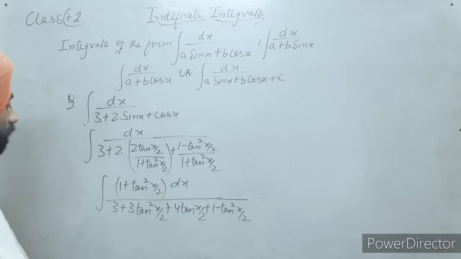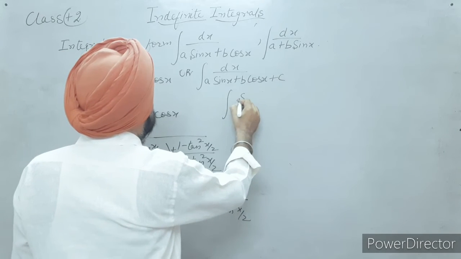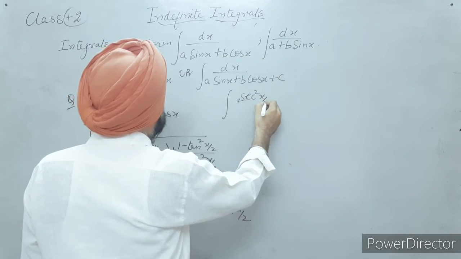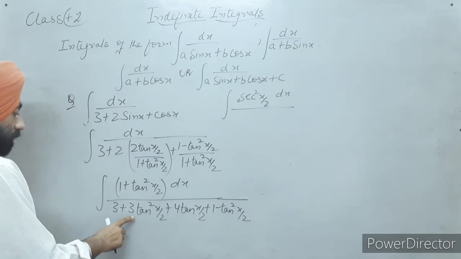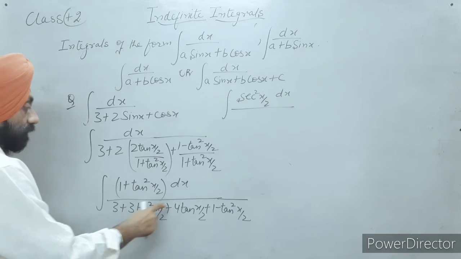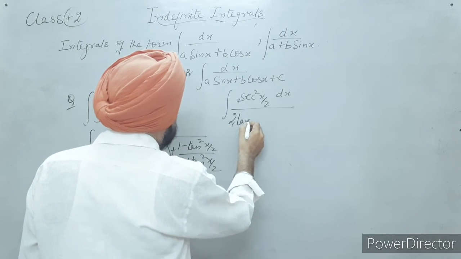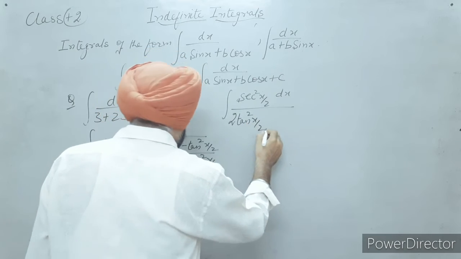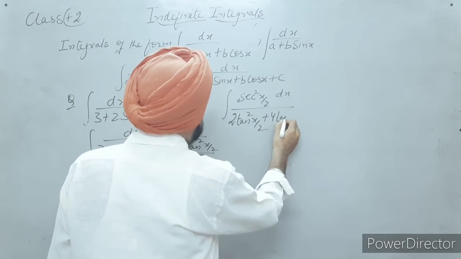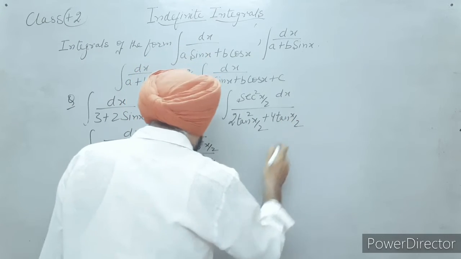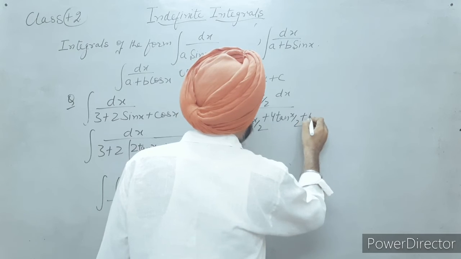Right? Now, this is secant square x by 2. Let me write here. Secant square x by 2 dx divided by, look, 3 tan square x minus 1 tan square x, it is 2 tan square x by 2, 4 tan x by 2 as it is, and 3 plus 1 is 4.